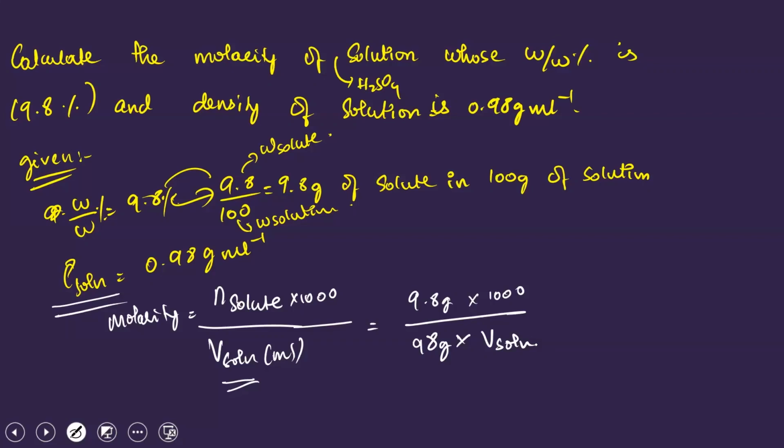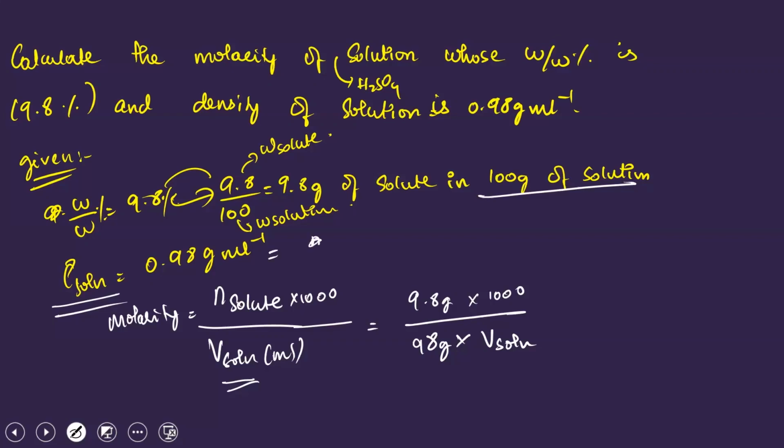How will we substitute now? We have assumed 100. What is that 100? Weight of solution. So in 100 gram of solution there is 9.8 gram of solute. So the mass of solution we took is 100 gram. Mass of solution is equal to weight of solution. Correct. Very good. So density is equal to mass by volume.